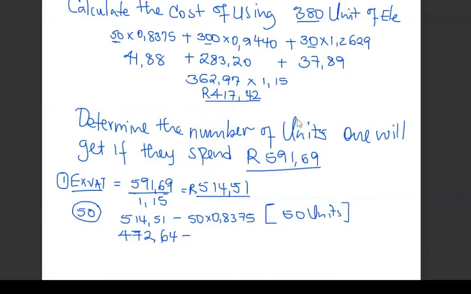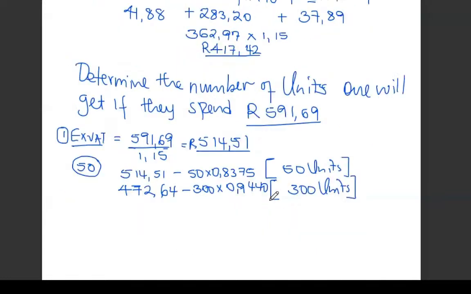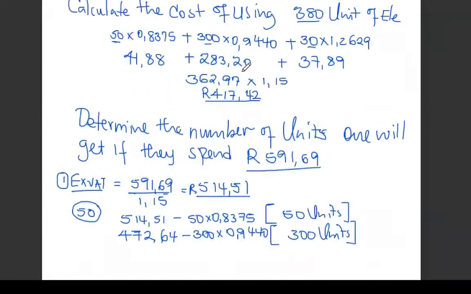But bracket number two needs a maximum of 300 units, and each unit is charged at 0.9440. These are 300 units. I do this when I'm given the money. When I'm given units, I need to do the other one.